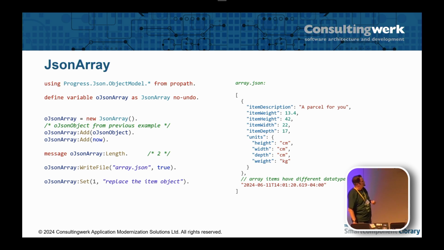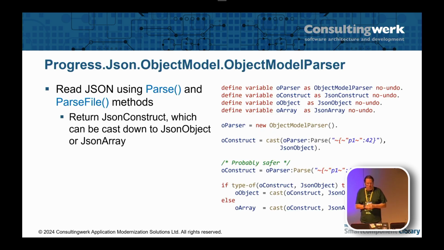It's similar code, something you need to get used to. There's a JSON object model parser that can take an incoming string or longchar or file from disk and parse it and return then the resulting JSON object, which could either be a JSON object or JSON array.